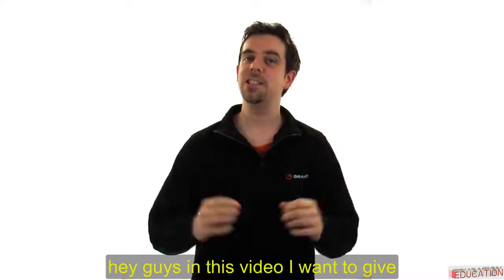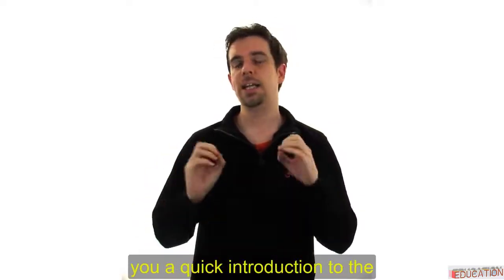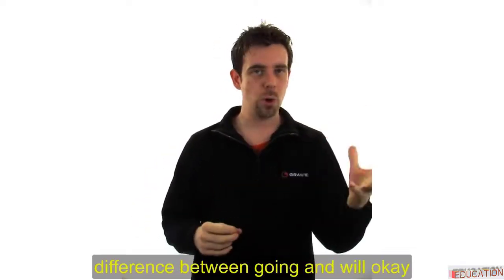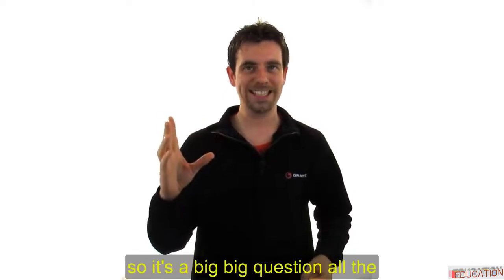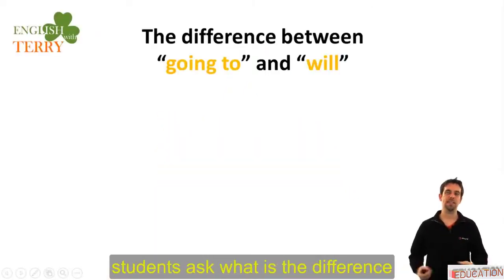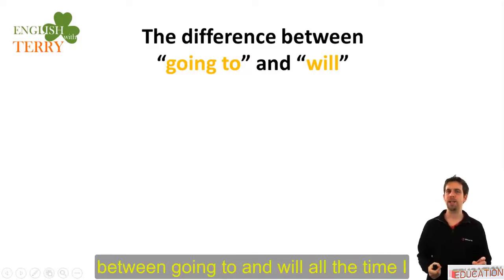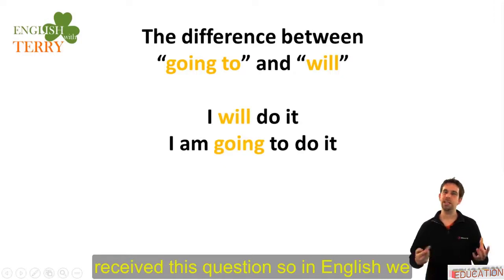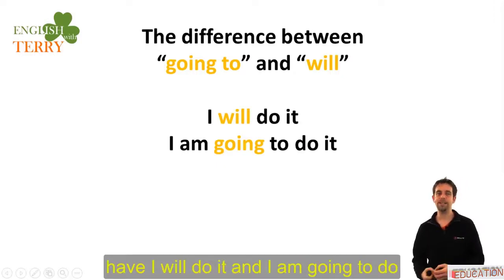Hey guys, in this video, I want to give you a quick introduction to the difference between going to and will. Okay? So it's a big question. All the students ask, what is the difference between going to and will? All the time I receive this question. So in English we have I will do it and I am going to do it.